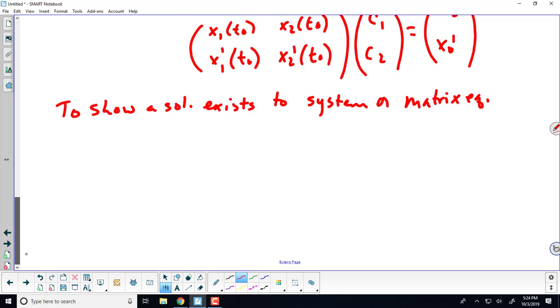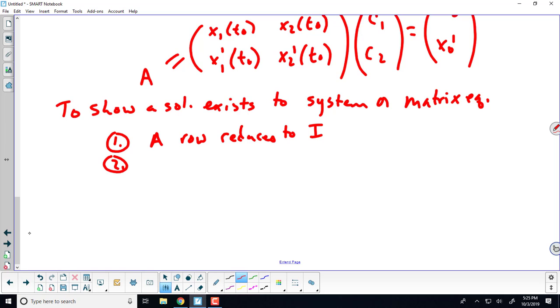For example, if I go ahead and call this expression right here A, I could show that A row reduces to what? The identity matrix. If it row reduces to the identity matrix, then this system has a unique solution. What else could I show?